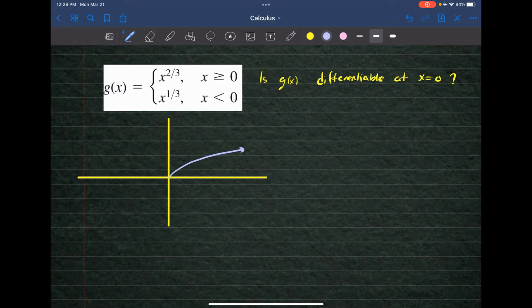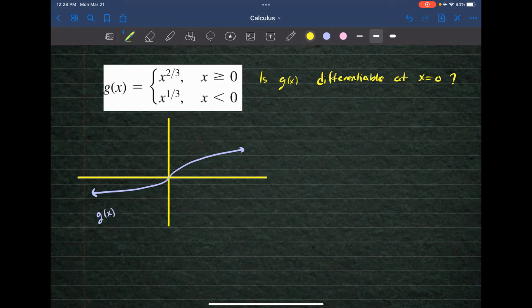And then x to the 1/3, when x is less than 0, will look something like this. So that's the graph of g of x.